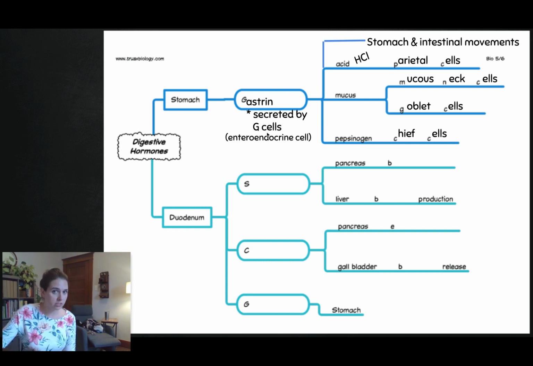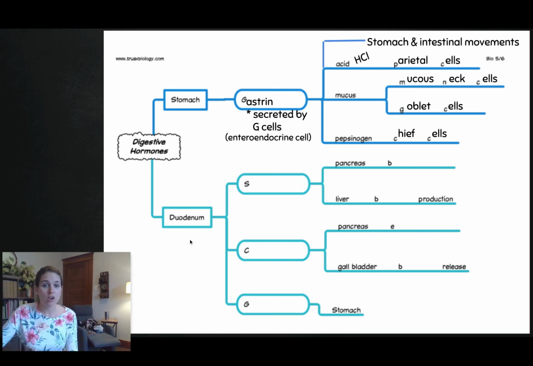We wrote down G cells that secrete gastrin. That's just a type of enteroendocrine cell. You're going to see that word on your homework assignment. So these are the cells that secrete gastrin. So G cells is just a specific type of enteroendocrine cell, an internal hormone cell.